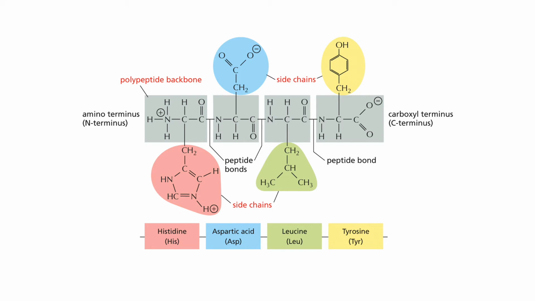Now, we're going to talk about this a lot, and that is the sequence of the amino acids in a protein. Let's say it's a 300 amino acid protein or 100 amino acid protein. The sequence of the amino acids in a protein gives rise to its specific function.